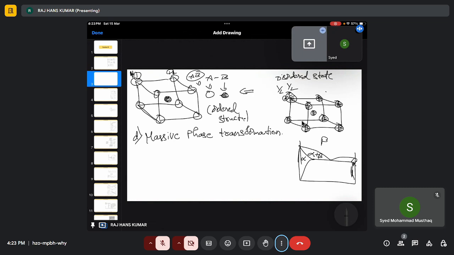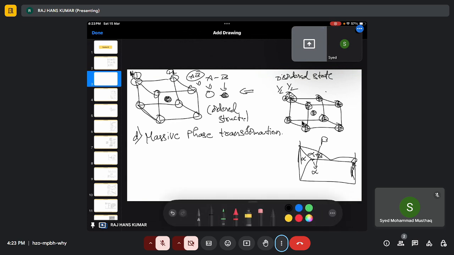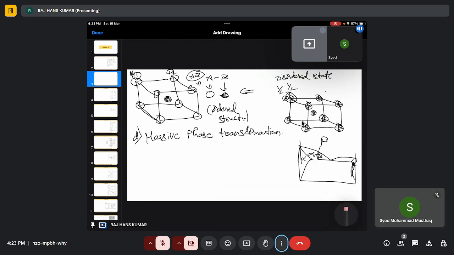Now this beta is transforming into the alpha. So what does that mean? Let's say this is my gamma, and I'll draw it more clearly so people can understand.